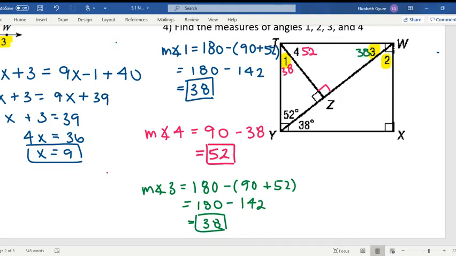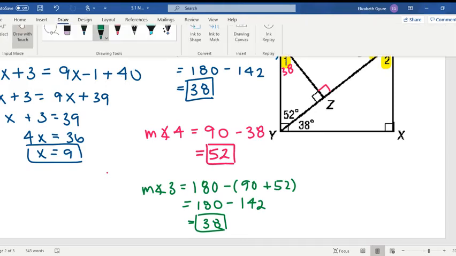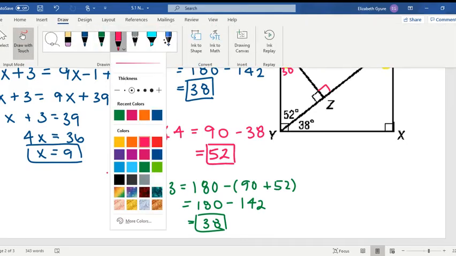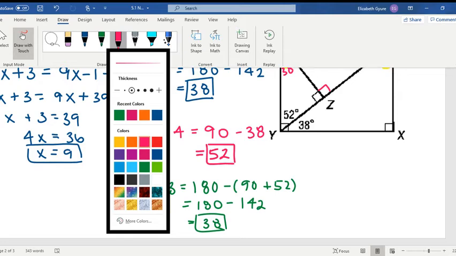Somebody I haven't heard from yet, either in person or online, either way, how could I then find angle 2? How could I find angle 2? It's the only one left. Sorry, Charlie, I already heard from you. Want to hear from somebody I haven't heard from yet.